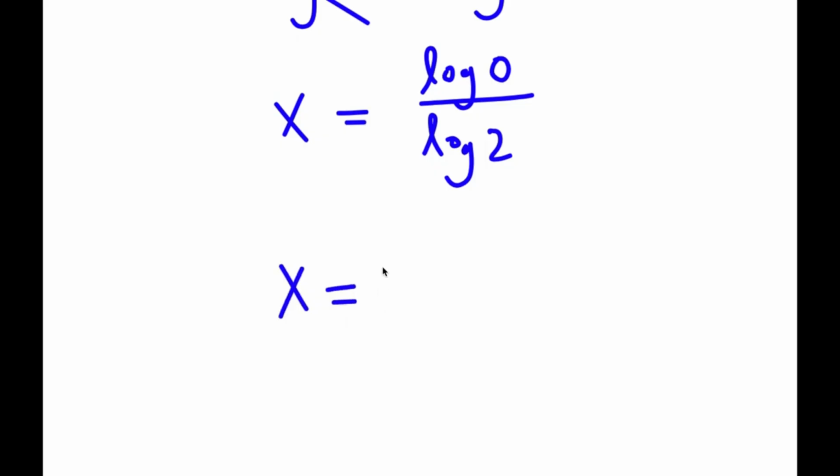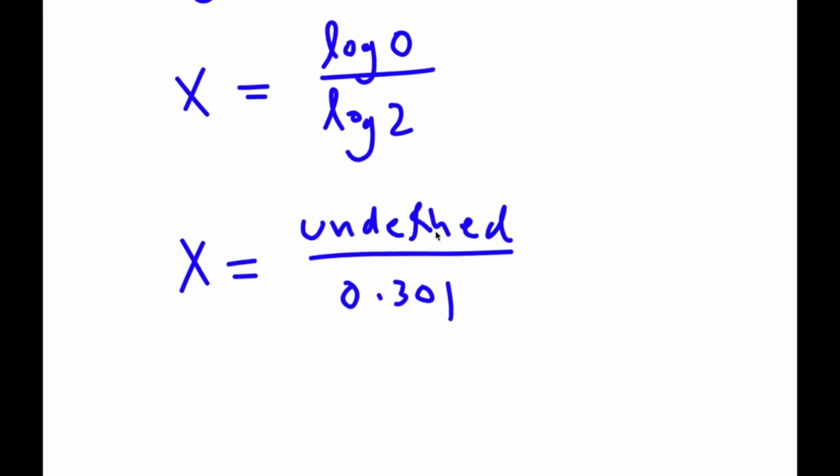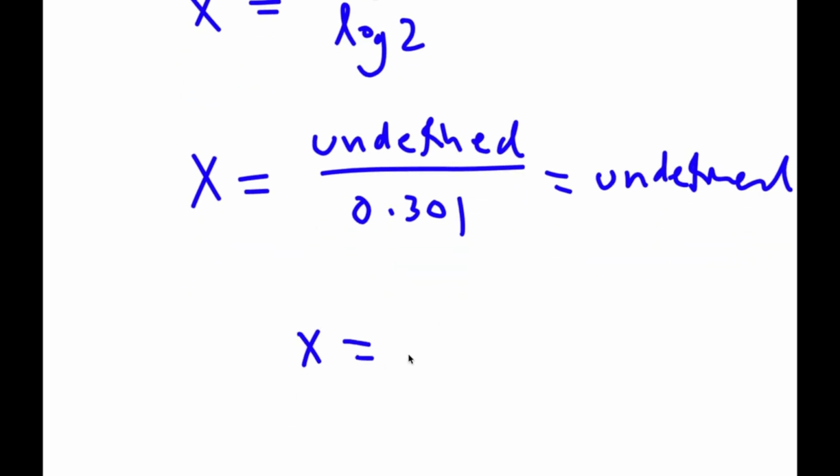Now log 0, this is actually undefined, and log 2, this is 0.301. Now, if something's undefined and it's divided by a number, then the result will also be undefined as well, because you can't divide an undefined value with another number, meaning the value of x is undefined.